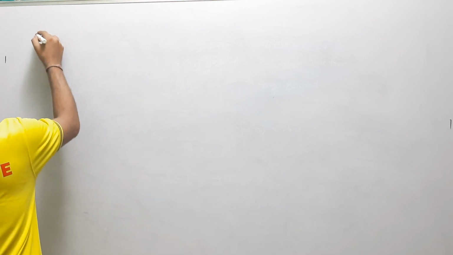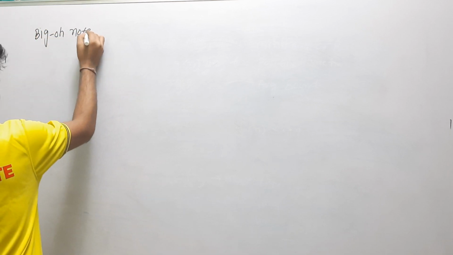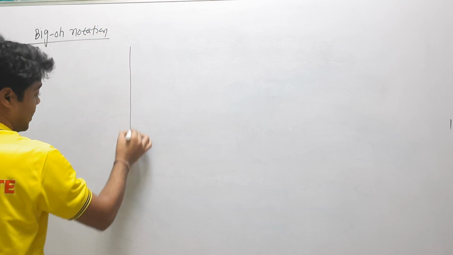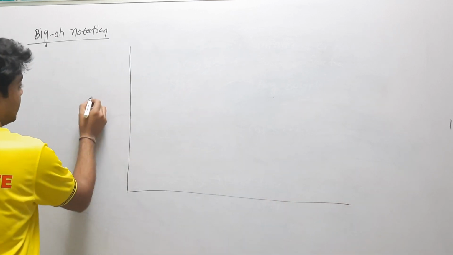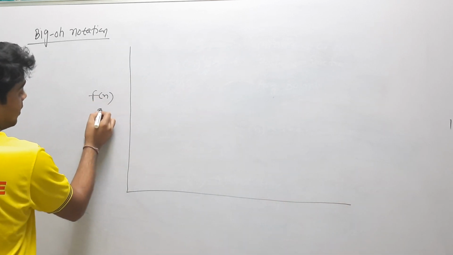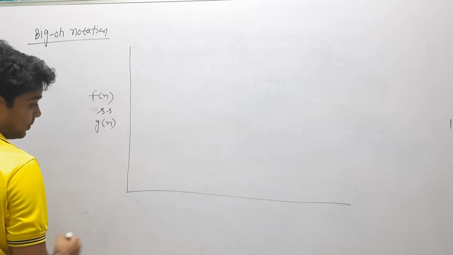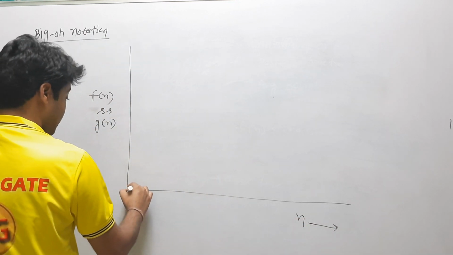First we will take the big O notation. Suppose this is F(n) and G(n), the function growth, and here n will increase.